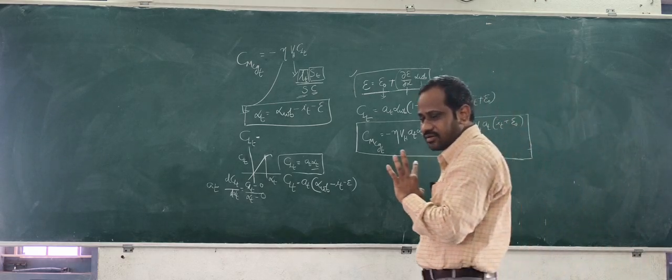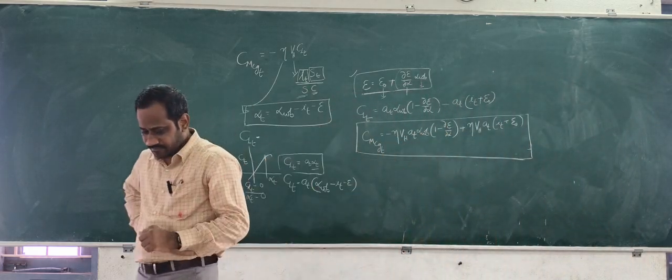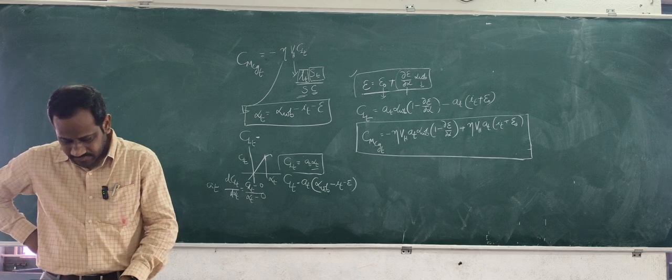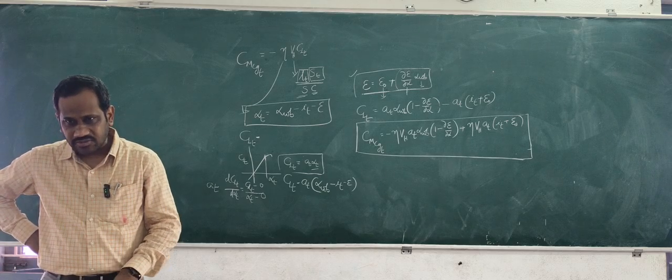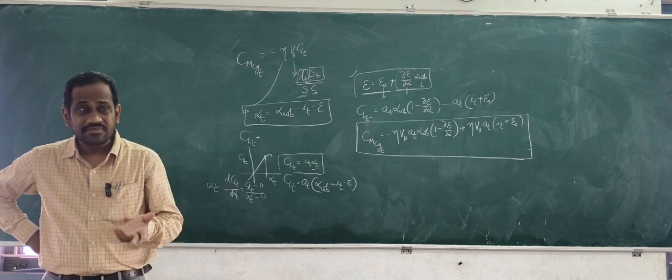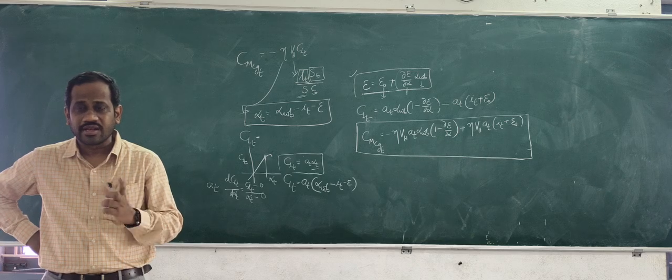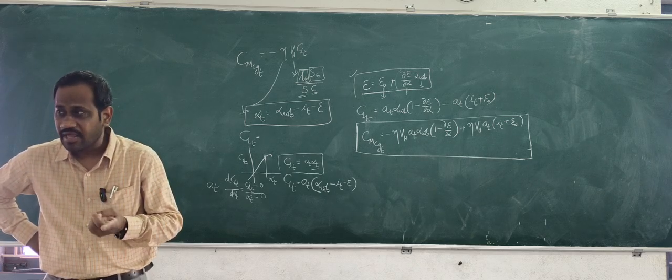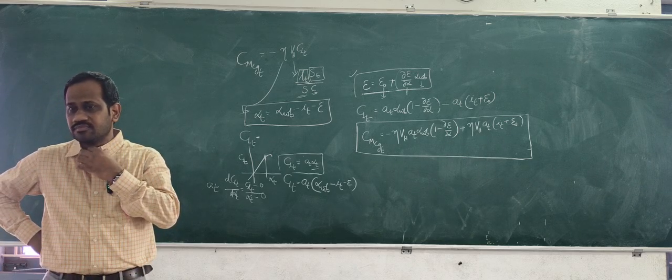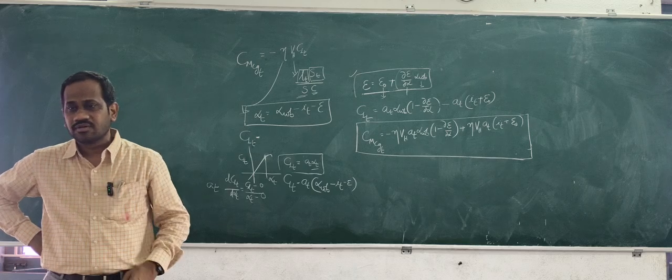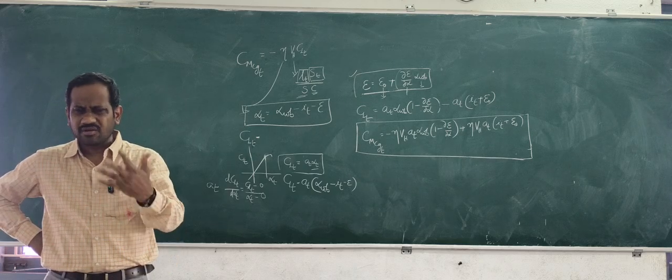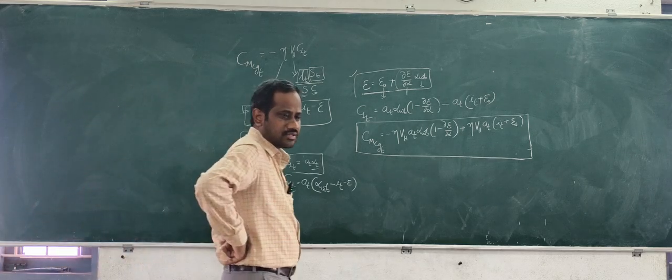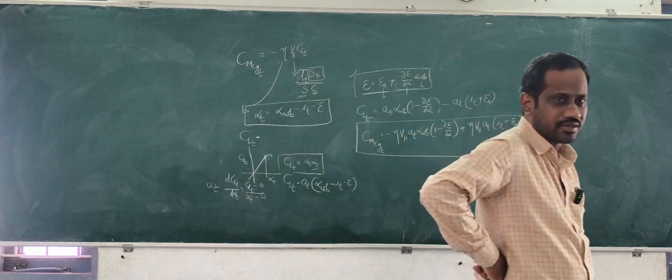What is the criteria? Find out. Is it equal to negative or positive? Dou CMCG by dou alpha of the tail. Criteria. Negative or positive? Negative. Talk loud. Negative. CM naught should be positive.